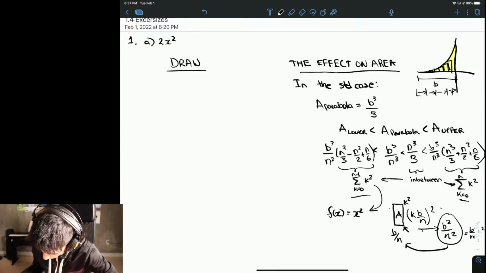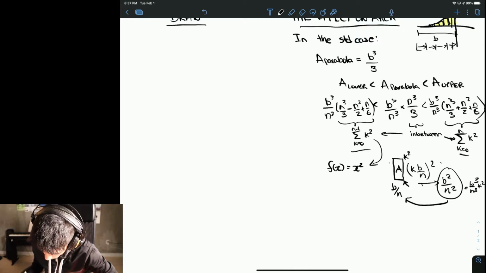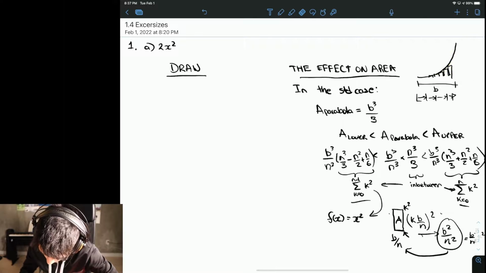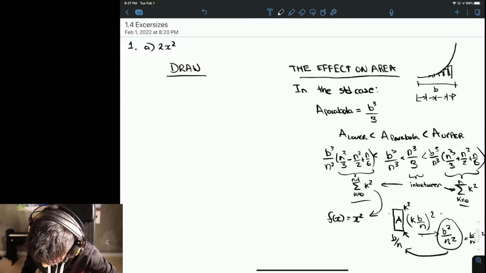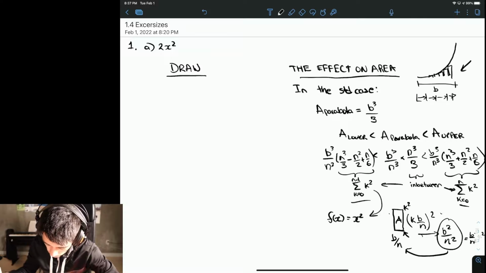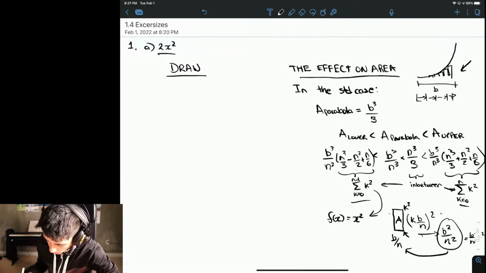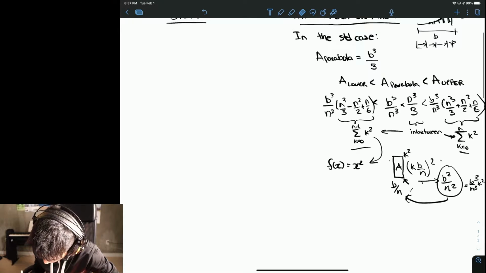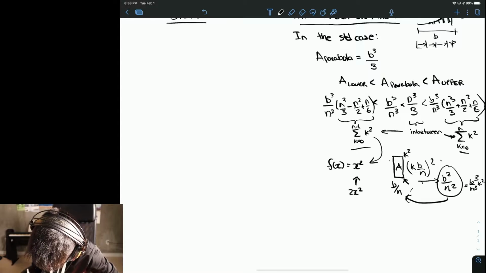Why I'm bothered reviewing this is because we are going to have a similar construction as this for our 2x squared example, and when we are trying to figure out what the effect is, well, if we were to insert the function 2 times x squared here instead of x squared, then the result would be here.